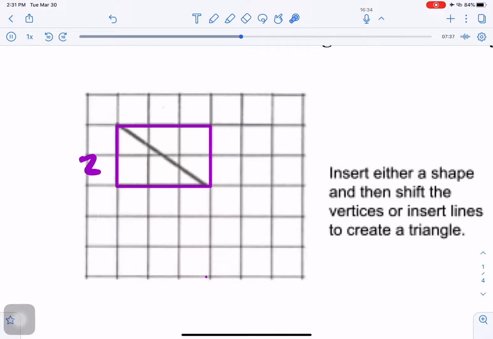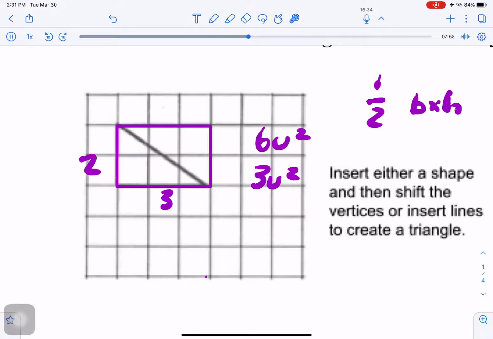So this is a 2 by 3, which means the area of that is 6 units squared. And because we know our formula is half base times height for the triangle, we know that half of that is 3. So the area of this triangle right here is 3.